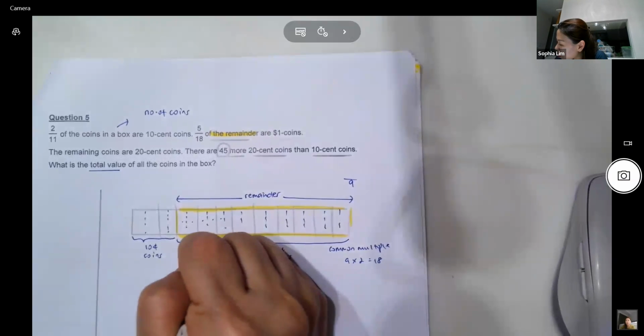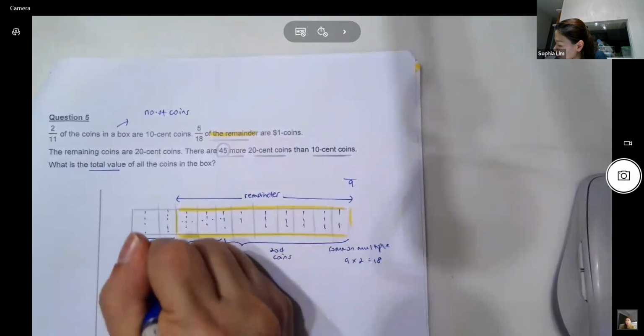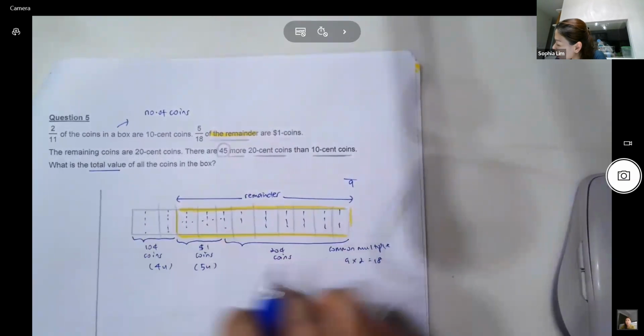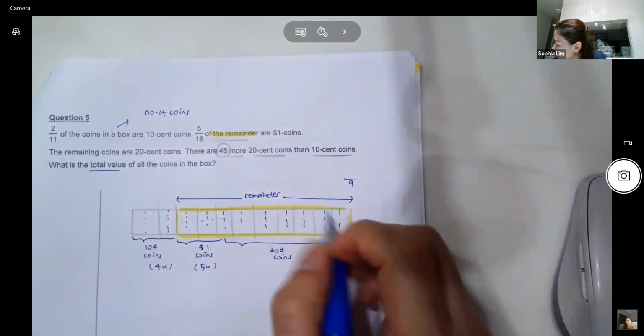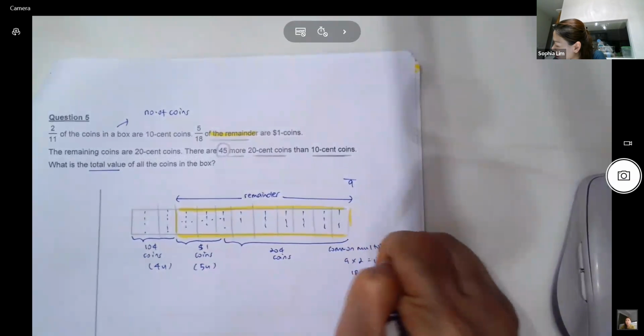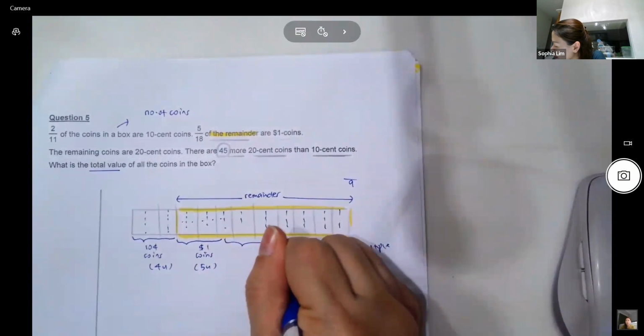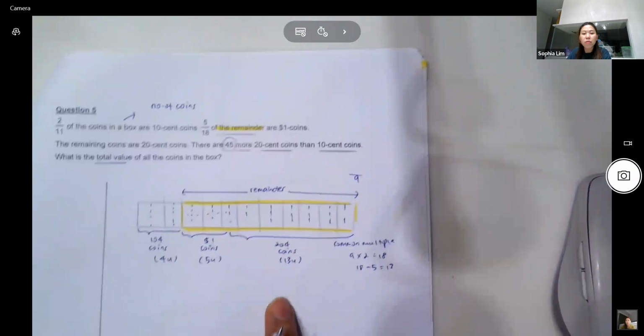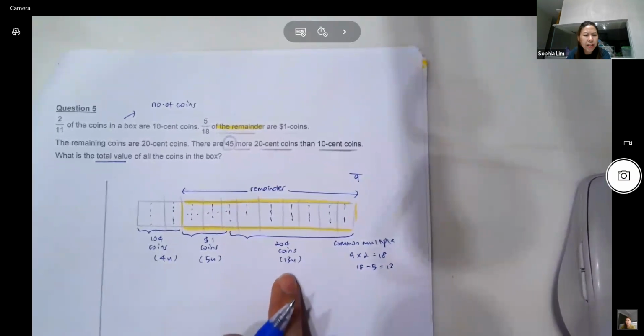So let me write down for you the units here. Now you count 18 minus 5 is 13. So here there are 13 units. Write down the units here. Make sure that there's no mistake in this unit so that when you compare, it's easier. Now they are comparing 2 things.